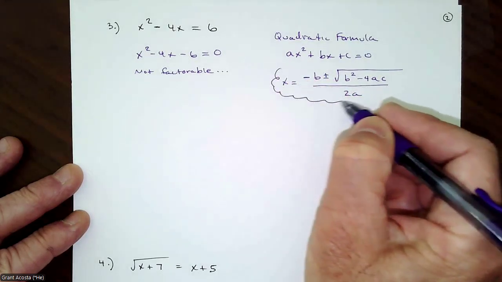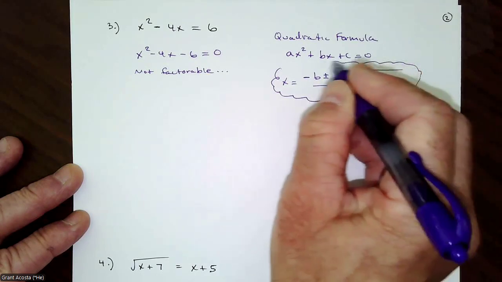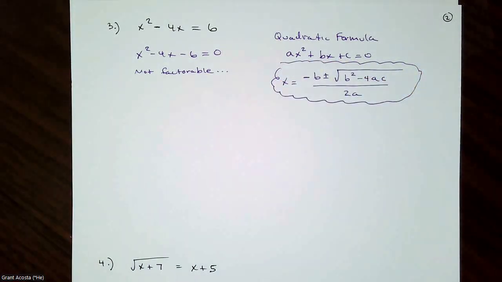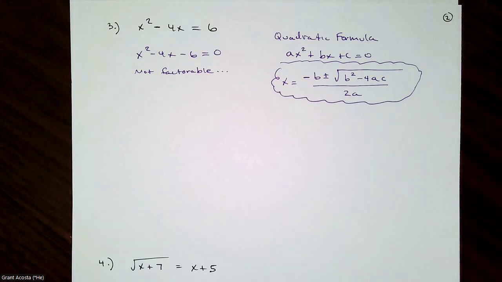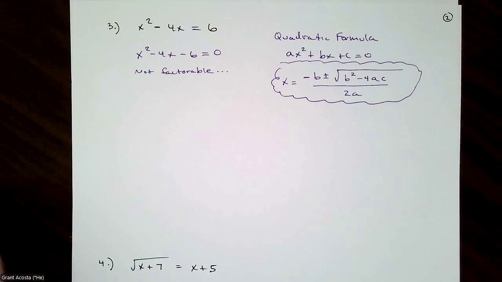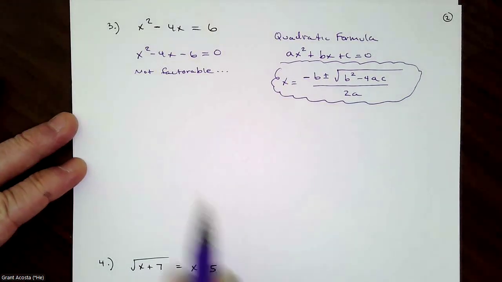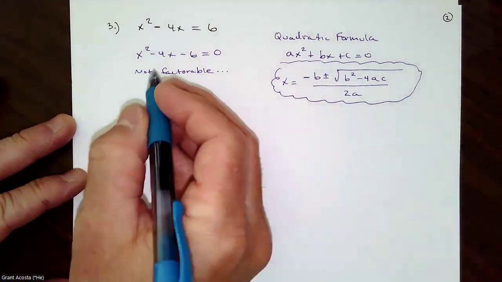And that is definitely a formula. You know, I said I'm not very big on memorization, but it's kind of in your interest if you remember that. And I'm guessing many of you maybe already have that in your memory from using it many, many times before. So that's what we'll do here.